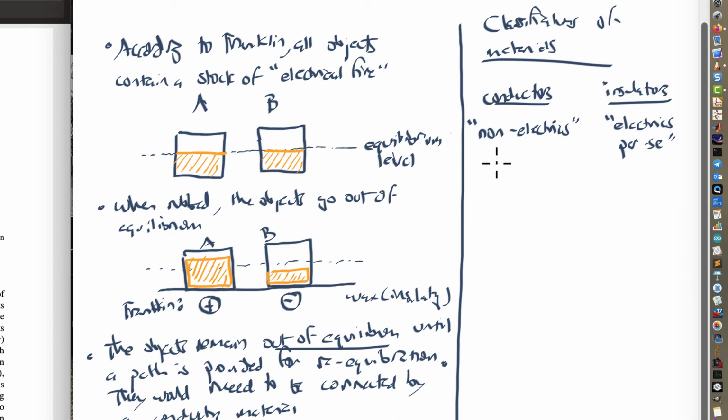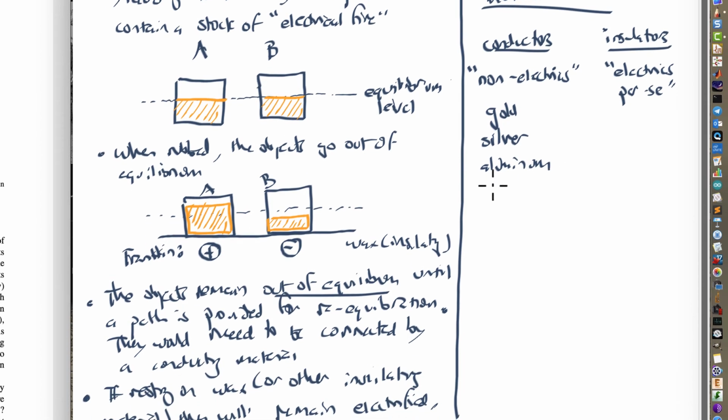What are some examples of conductors? Well, most metals, like gold or silver or aluminum, would be conductors. Copper, these are all conducting materials. Also, if you have water that is ionized water, which most water has some ions in it, hydrogen and oxygen ions from dissociation of the water molecules, but they'll especially be ionized if you have salt in it, because the salt will break apart into sodium and chloride ions, and so those can conduct electricity.